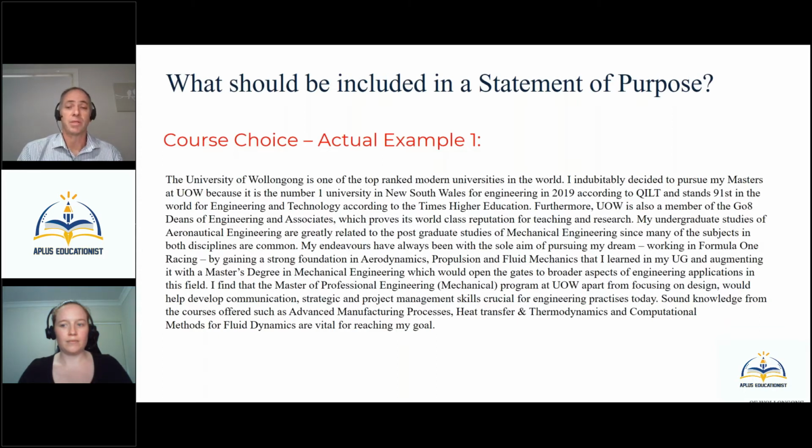One example they spoke to was Formula One racing, and they made a link between the course they were looking to undertake and the career they wanted to have. Whilst there's a little bit of content in there, that was sufficient for us to be comfortable that the student undertook some independent research and that the course choice was going to help them in relation to their chosen career.